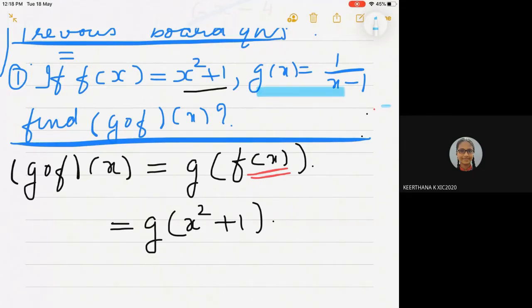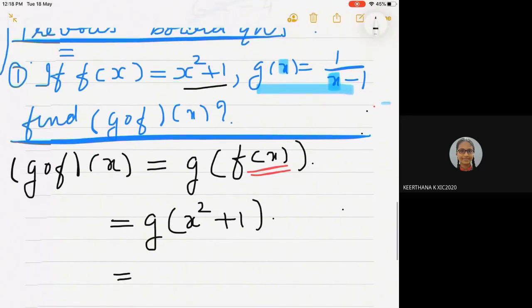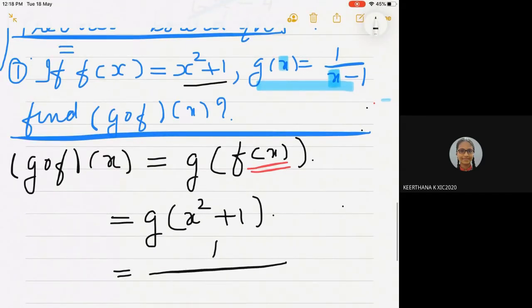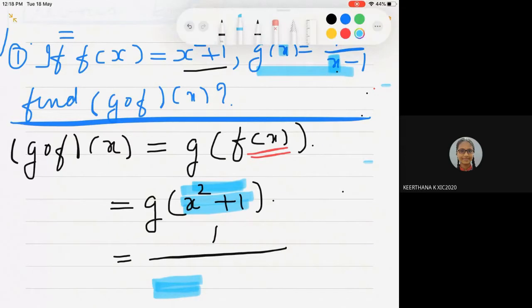So now you look here, when you are removing this g of x to an expression, it becomes 1 by x minus 1. How it is removed is, this x is coming here. So this one you have to understand. When you remove g, you will get 1 by, in place of x, what do we have? In place of x, we have x square plus 1. So 1 by, you will put here x, then minus 1.